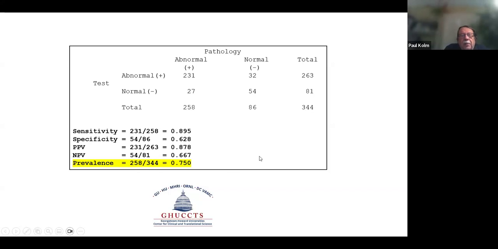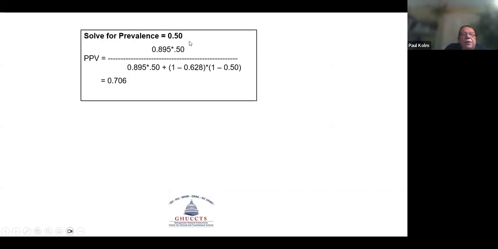Well, what if we encounter a population where the prevalence is only 50%? With that, we can recalculate the positive predictive value with Bayes' formula. And so we have our predictive value times 0.5, the actual prevalence in the population that we're interested in.